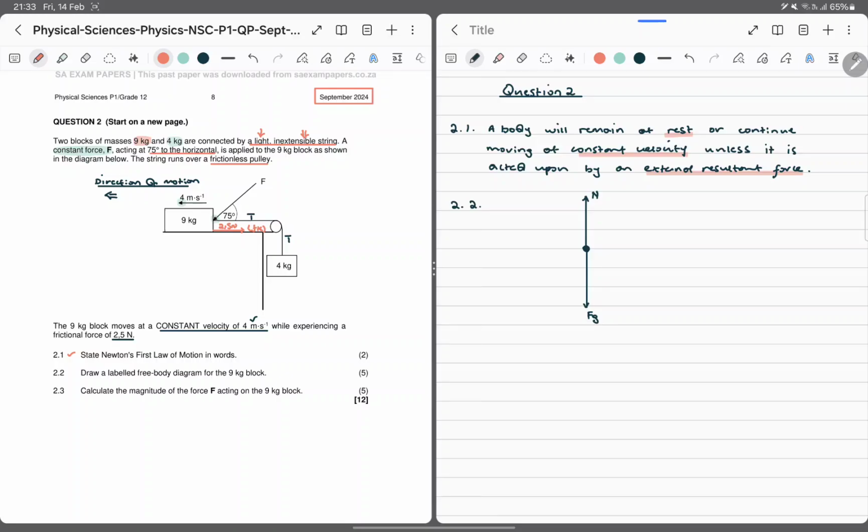Okay, so what is the next thing? We know the tension is pulling in this direction. So we will have the tension, capital letter T in physics, in this particular topic, is accepted to represent the tension. So there's no need to write that in full. We are going to have friction.